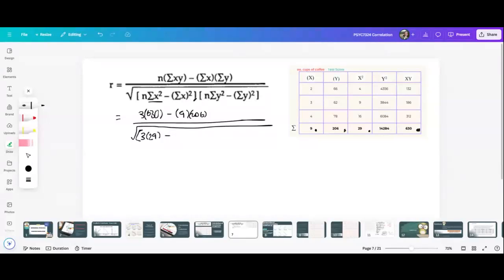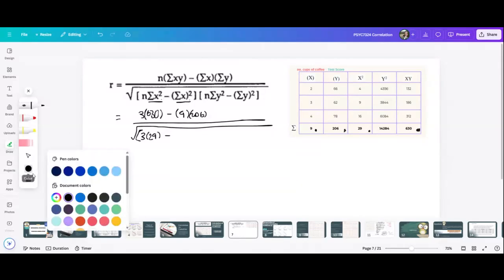Okay, and then minus. And now, does anyone spot the difference here between this and what that means?